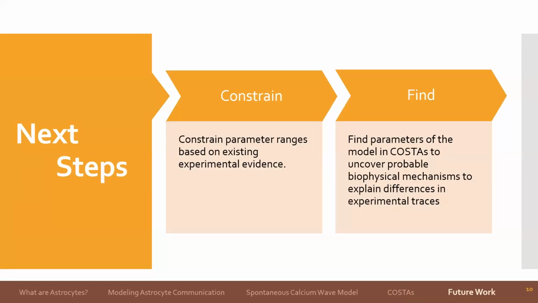Essentially, the first thing I would have to do is constrain parameter ranges based on existing experimental evidence, so we want to make sure that it is congruent with the biology. And then after this, we would find, hopefully, parameters of the model in COSTIS to uncover probable biophysical mechanisms to explain the differences in the experimental traces. So we're reverse engineering what's happening with the cell and hopefully finding some explanations of what is occurring with those calcium waves.